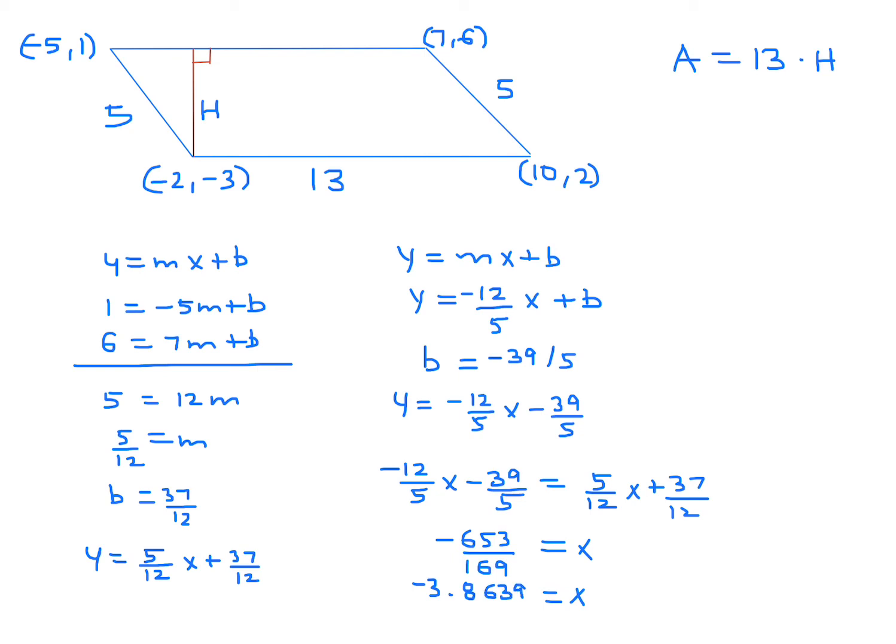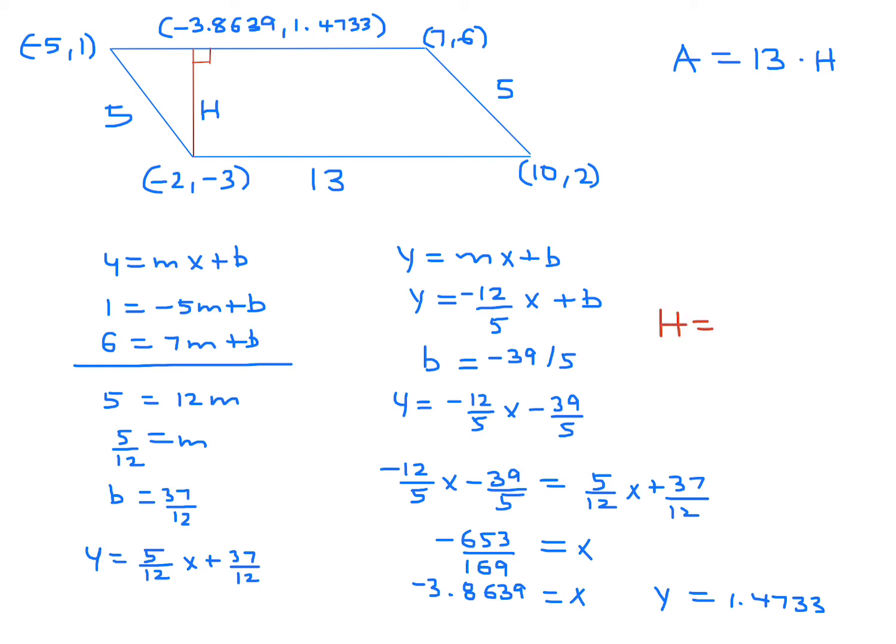I think 4 decimal places would be good enough. Substitute this back into either one of these equations to get the y value. And when you do, you get y is equal to approximately 1.4733. So we got this point right here. Whatever that point is, its coordinates are x is minus 3.8639, and the y coordinate is 1.4733.